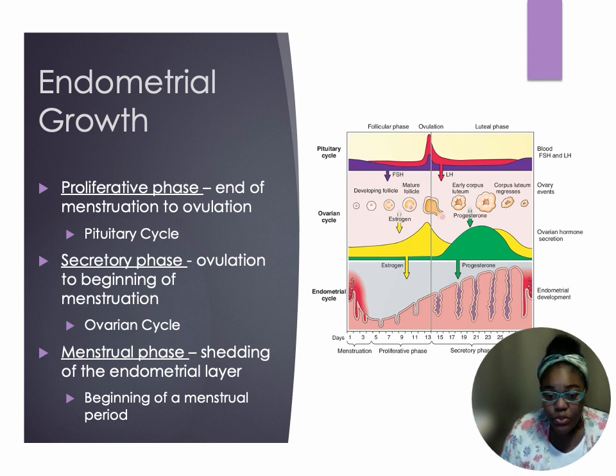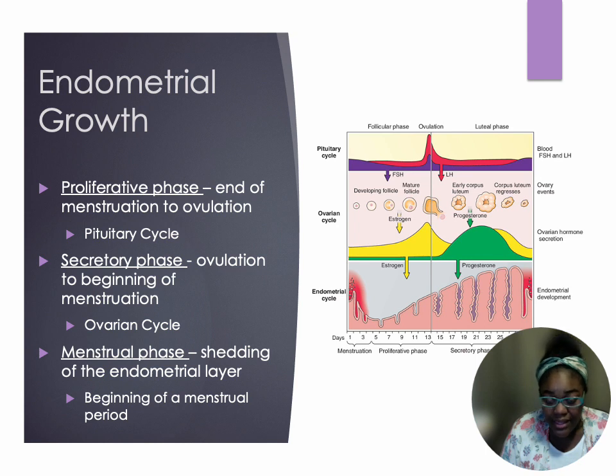But think about this. We are having the egg migrate to the uterus at the same time that the uterus is thickening, because the body is preparing for a pregnancy to be sustained. So those estrogen levels are going to fall, because this also occurs during the same phase as your follicular phase.